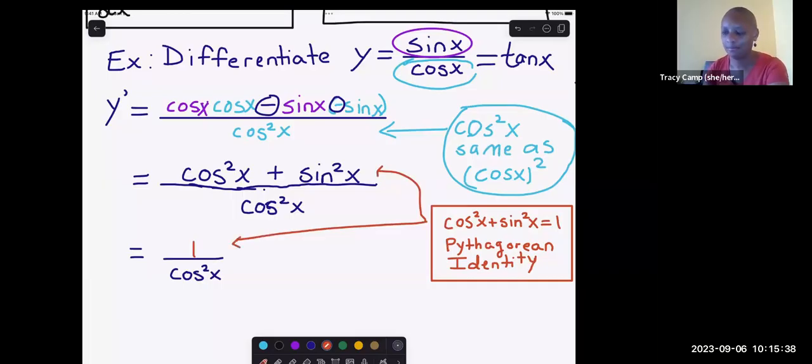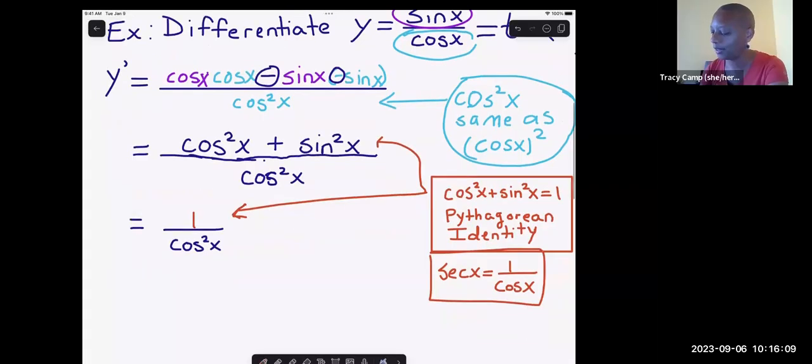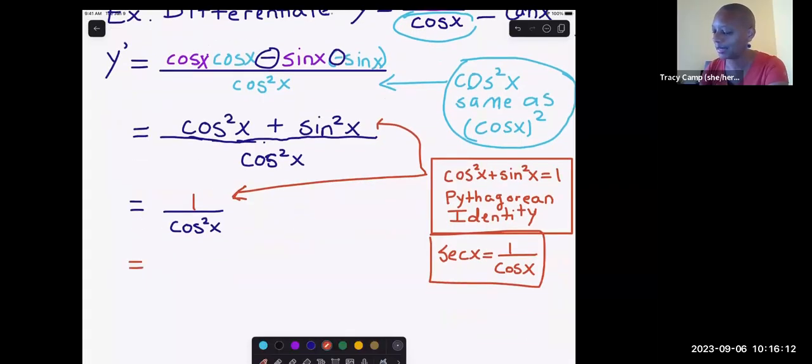And then go back to more trig and remember that the definition of secant is 1 over cosine. So what we have here is 1 over cosine times 1 over cosine, because we have cosine squared x, which means that we actually end up with secant squared x. And this is actually the derivative of tangent.